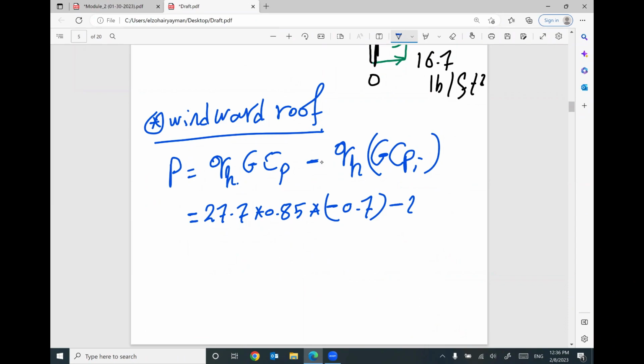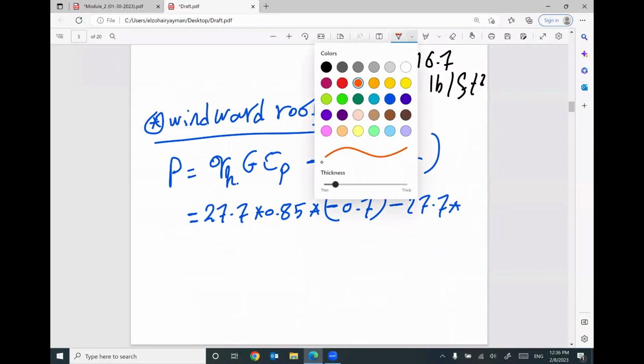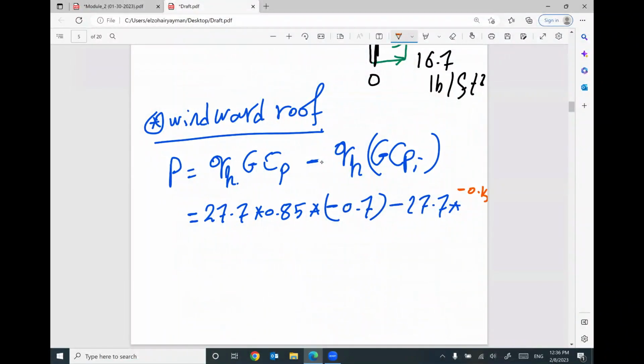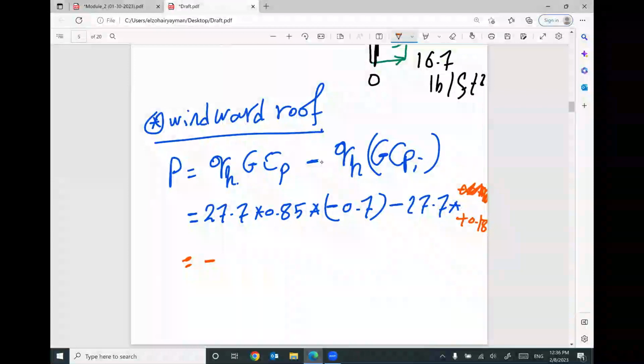Minus QH, 27.7, we have two options. I can use negative 0.18 or I can use positive 0.18. Which one gives the biggest value as a negative value? I think I'm gonna use the positive value. So your value will be 27.7 times 0.85 times 0.7 plus 27.7 times 0.18. I got negative 21.5.